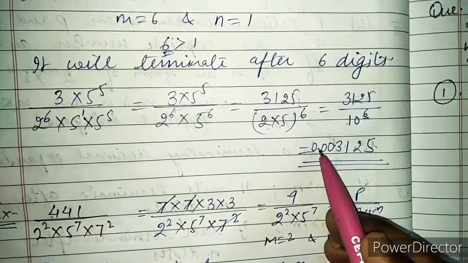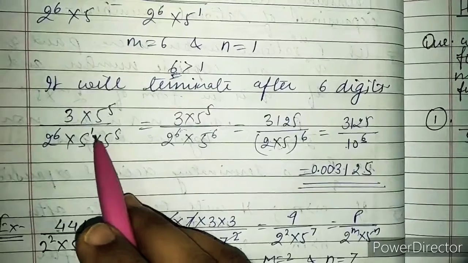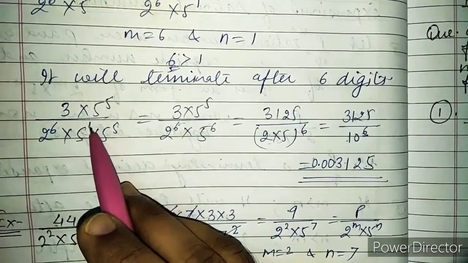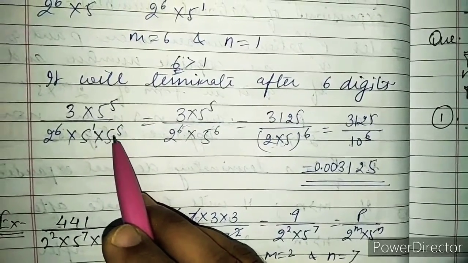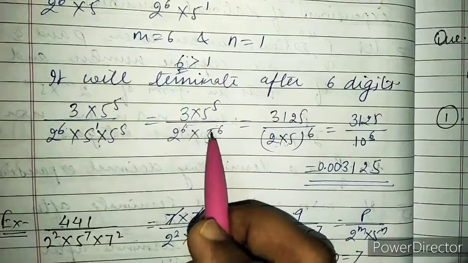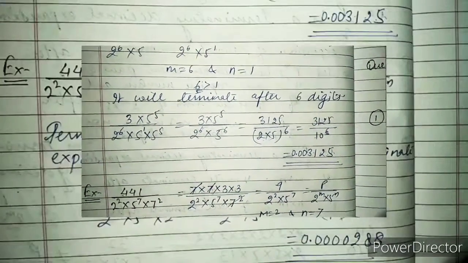So after 6 digits the decimal will be placed. See here you will have to make the power same. It is 6, so make 5 to the power 6. For making it 6 we'll have to multiply with such a number so that the powers get added to become 6. So we multiply 5 to the power in numerator and denominator.